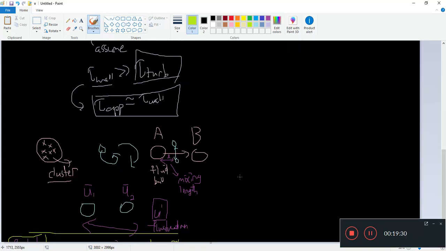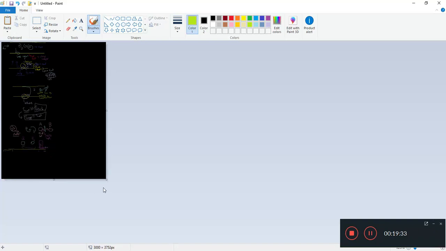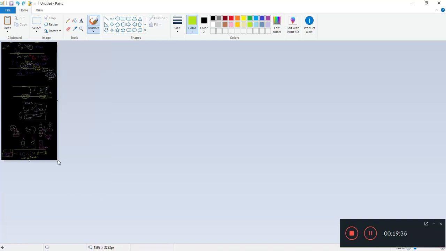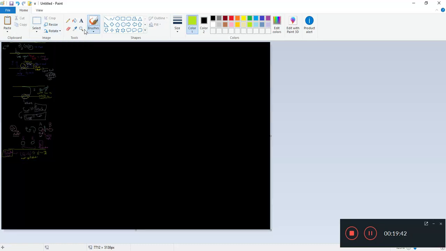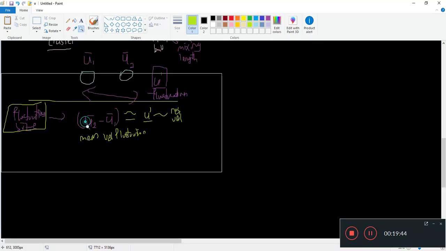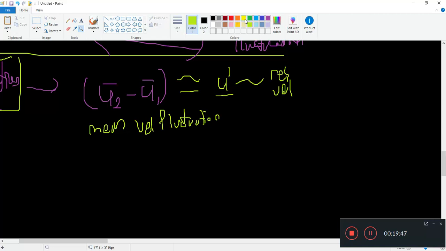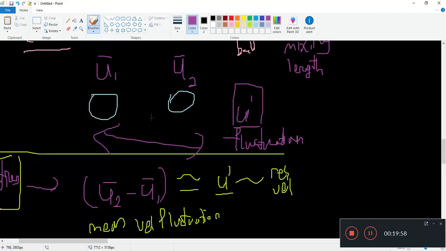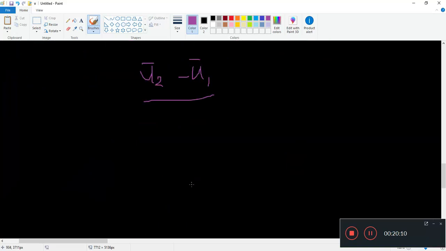Since we have u2 bar minus u1 bar, and we have this mixing length, remember, this is the mixing length, so u2 bar minus u1 bar over the mixing length.